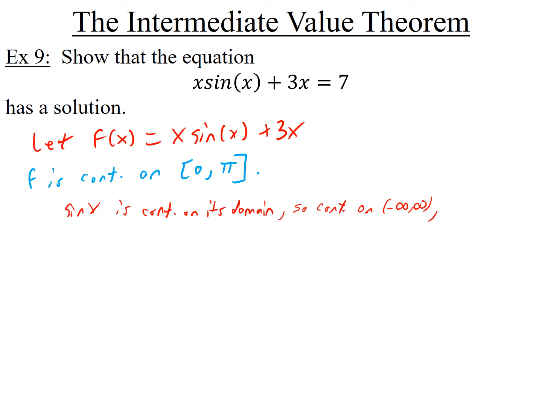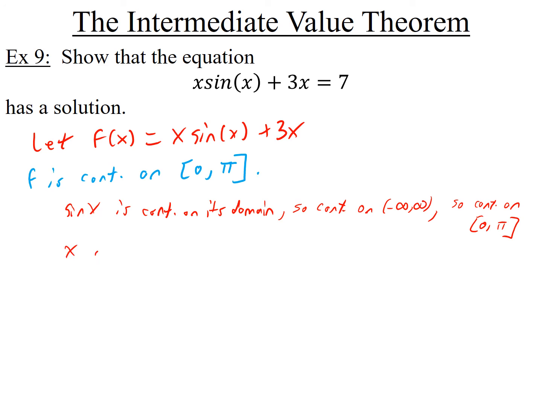If it's continuous everywhere, it's definitely continuous on my interval, because that's fewer numbers for it to be continuous at. So it's continuous on the interval 0 to pi. That takes care of the sine x. Okay, now I'm going to try to build this function. After the sine, I'm going to look at the x that's in front of it.